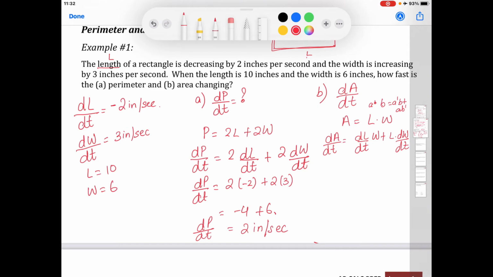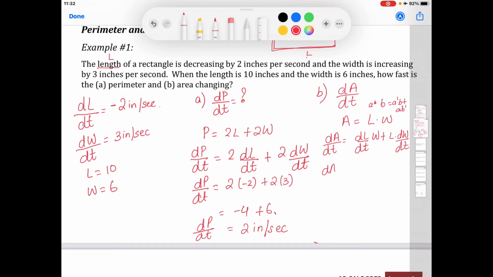Does that make sense? Right? All we're doing is taking the derivative and we're just considering them as just any variable. And we are doing implicit differentiation because we are differentiating with respect to time. Okay, now we already took the derivative.